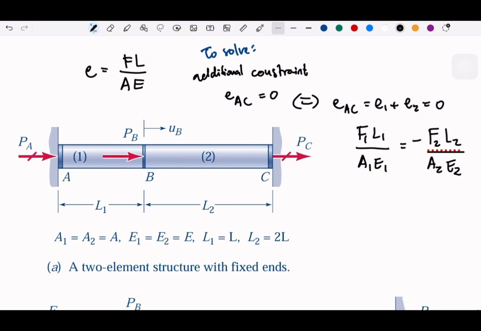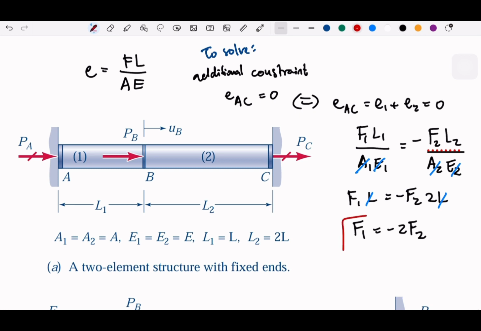If we have the same material, we can cancel this out, and the same cross section, we can cancel this out. So with the L having some ratio, F1 L stays, and then F2 with L2 will be 2L, so L will be cancelled out. So we have F1 equal to negative 2 F2. This is what we get from the equilibrium.